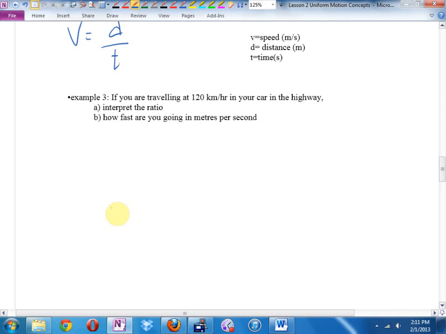Oh, B. How fast are we going in meters per second? What did I say on the previous page? To go from kilometers per hour, it's something to do with 3.6. Divide or times? Which one? Divide?